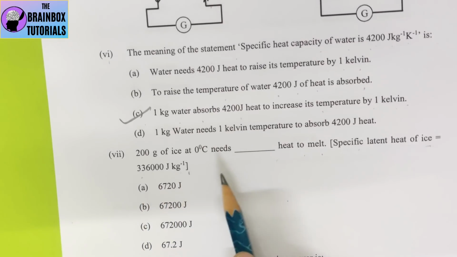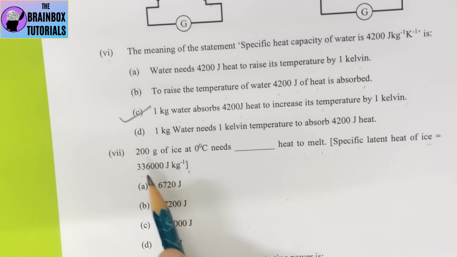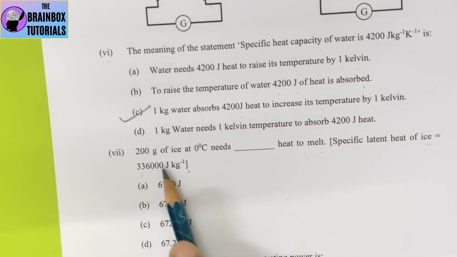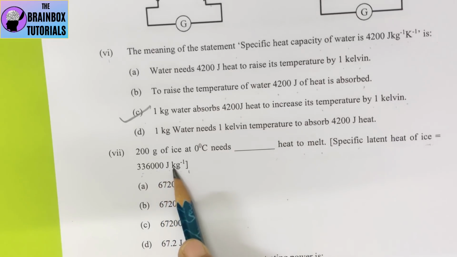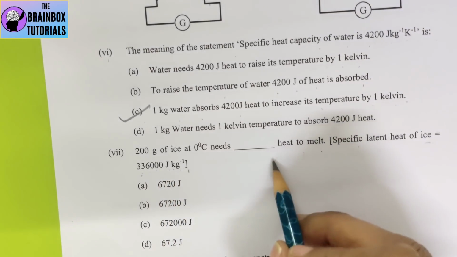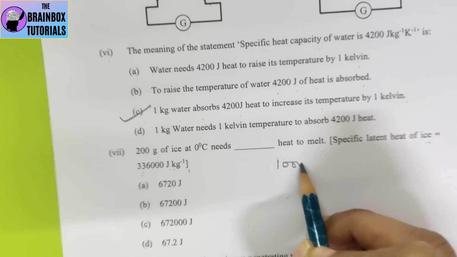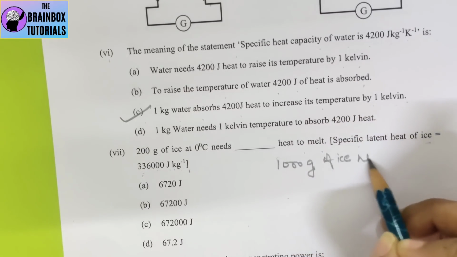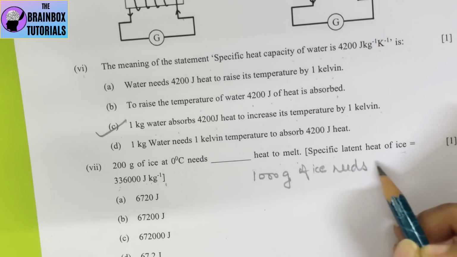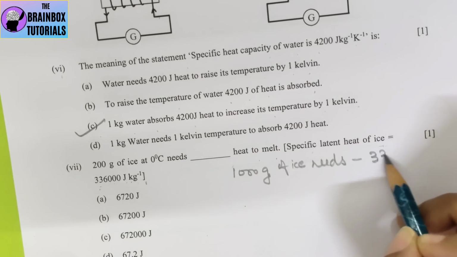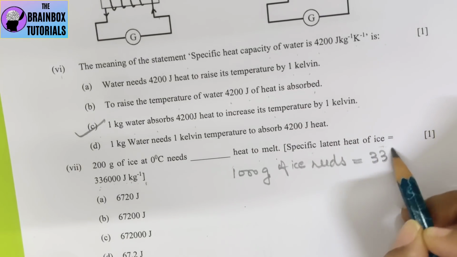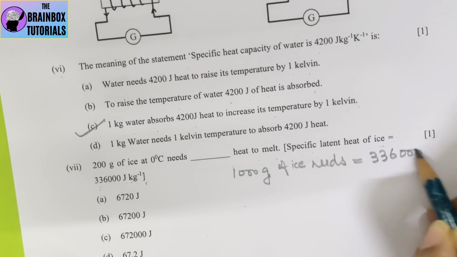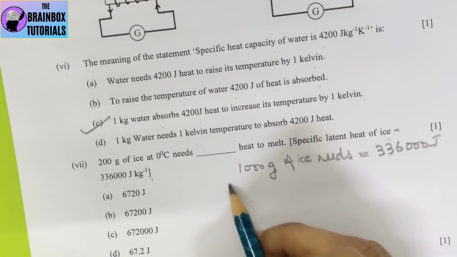That 1 kg of ice needs 3,36,000 joule of heat to melt. So if 1 kg, that is 1000 gram of ice, needs how much? 336, 1, 2, 3 zeros, joule of energy.